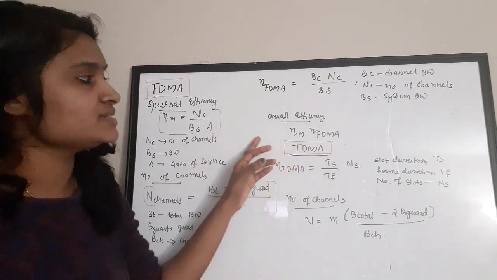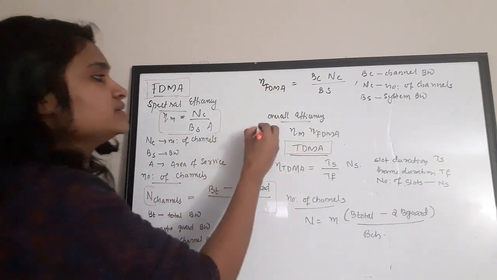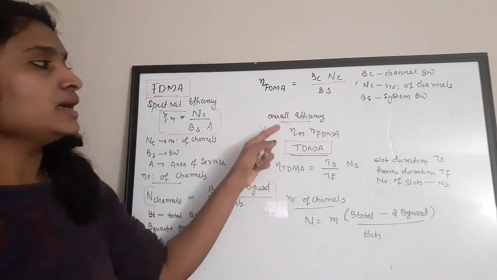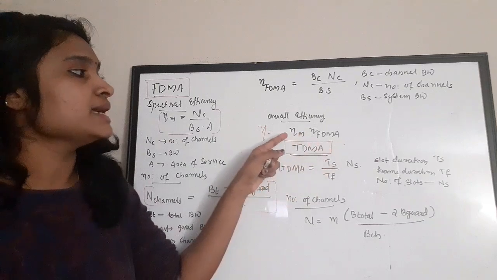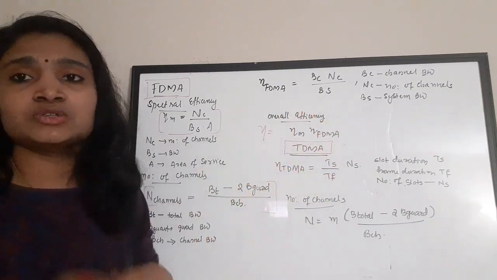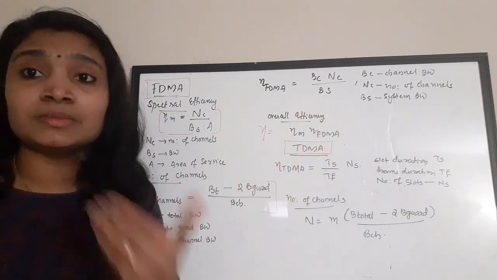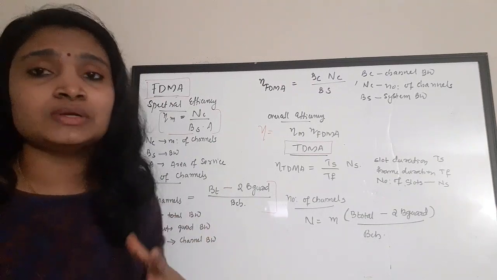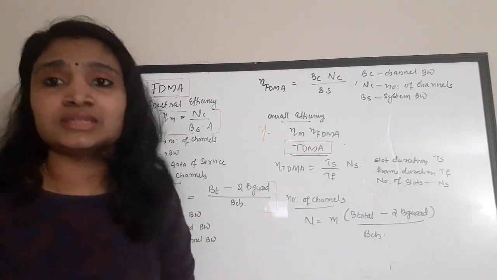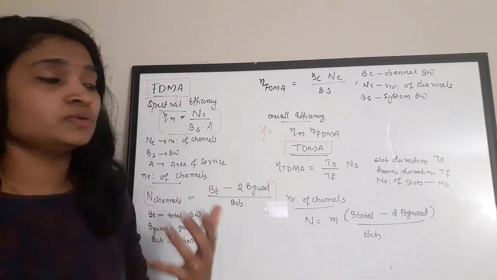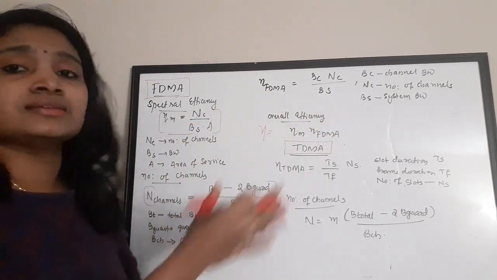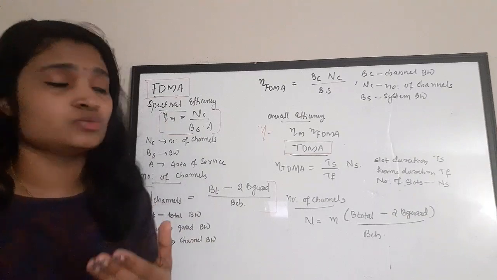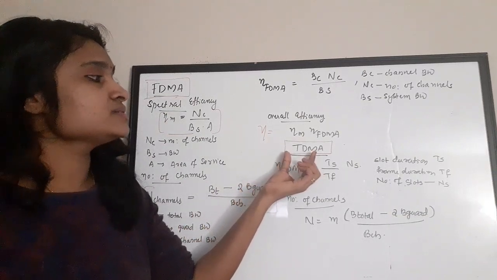And the overall efficiency, if you write this as eta, eta is equal to spectral efficiency into FDMA allocation efficiency, that is eta m into eta FDMA. So these are the important equations for FDMA systems. I have not seen any video discussing these equations, so please note these equations. Okay, it will be useful for you if you write competitive examinations, and these multiple access techniques are very useful.